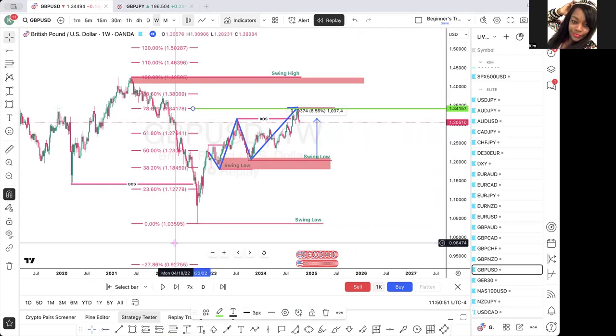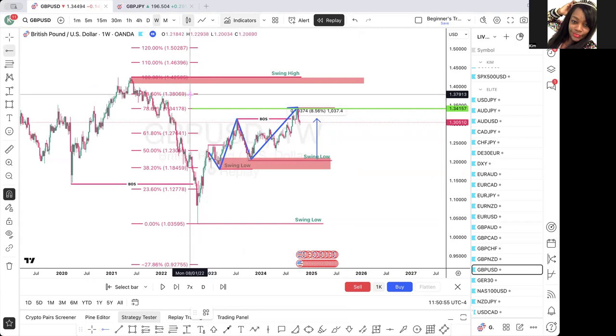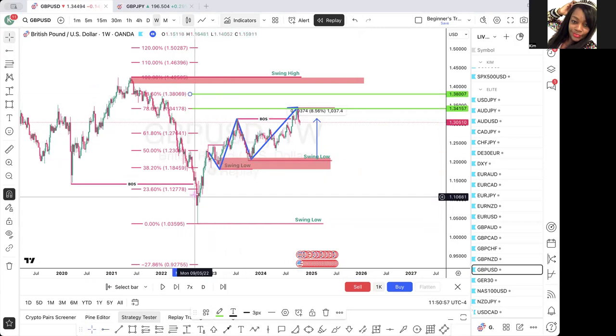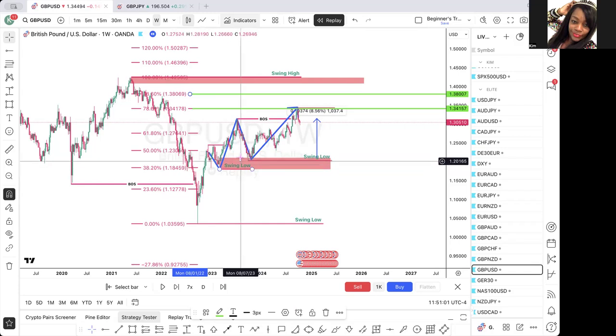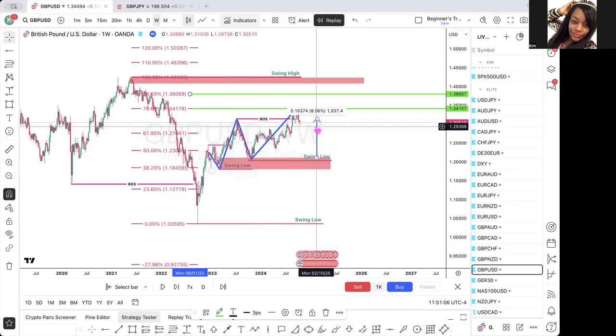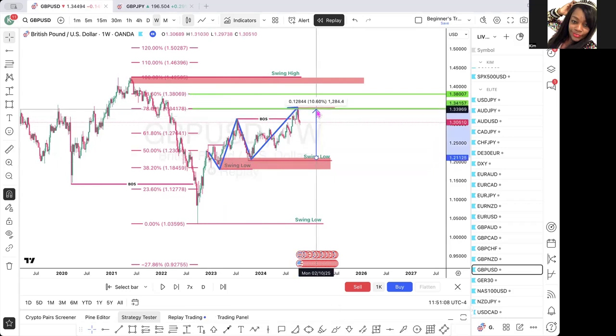So I'm looking for price to go to the 78 or the 88. If I had gotten in down here, or even right here, I'm looking to take this up to the 78.